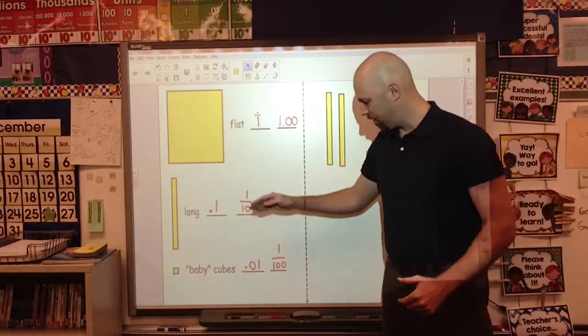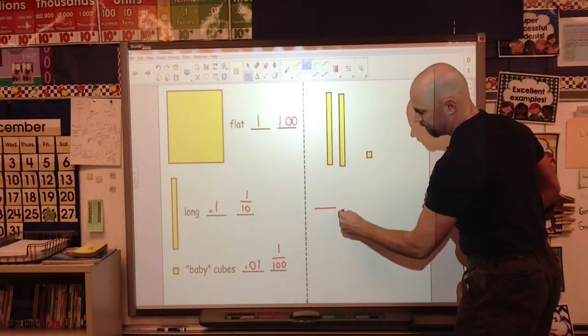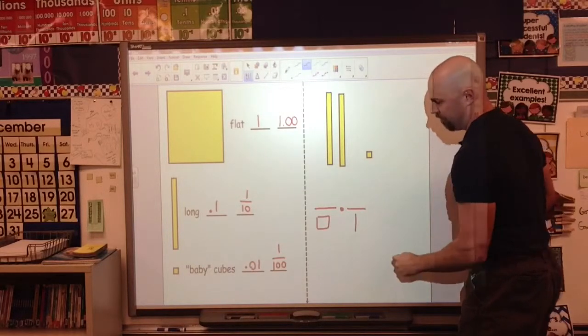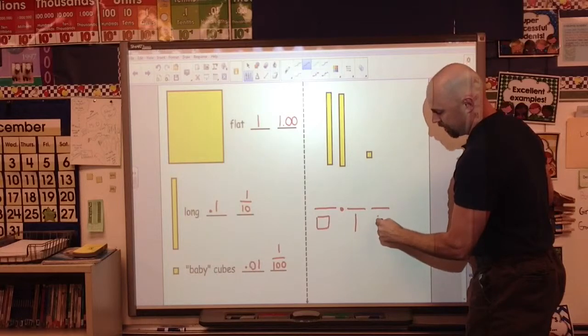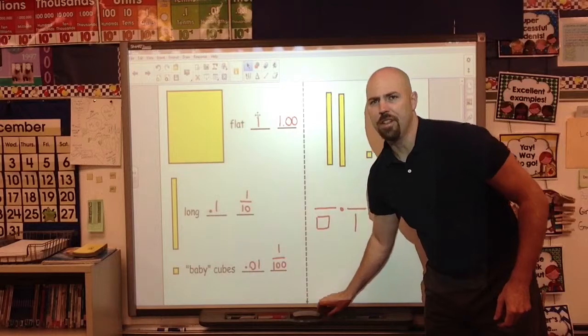Since we have 3 things here, we'll make a space for our flats, a space for our longs, and a space for our baby cubes. And then it's just about filling in the blanks.